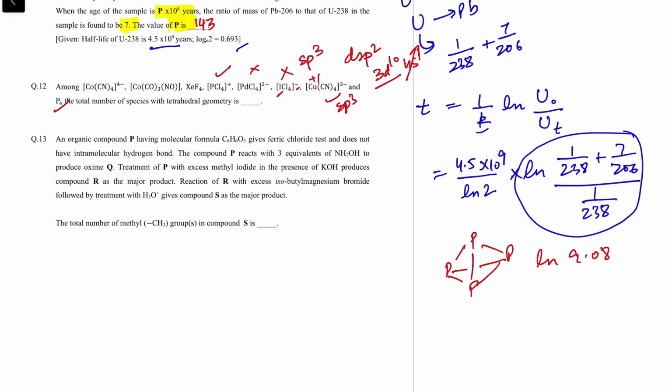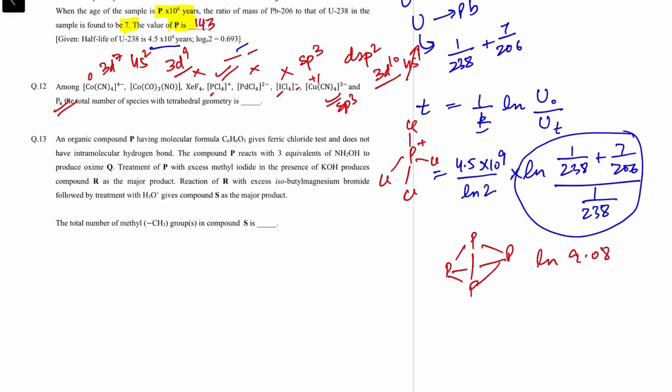PCl4 plus, yes, it would be. The steric number is 4. You can calculate; PCl4 plus looks like this. XeF4, again it has a steric number of 6, right? It is octahedral geometry, so this is not true. So here we have got 1, then 2, and then 3, and both these complexes are tetrahedral because cobalt cyanide is 4 and there are 4 minus charges, so cobalt is in the 0 oxidation state. 3d7 4s2, that is, when paired up into d orbitals, this is 3d9.